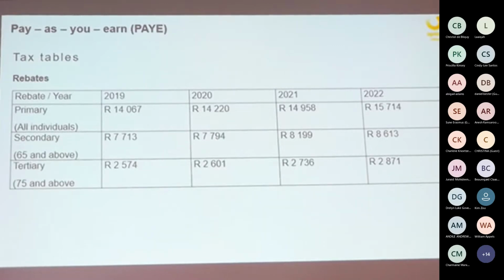And if you are 75 and above, then an additional 2,800 is also tax-free. So can you see that if you are 75, you're only going to pay about 40,000 rand tax on 316,000 rand income.